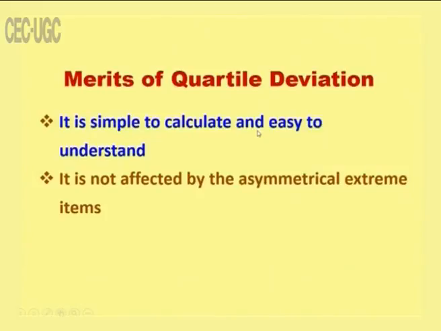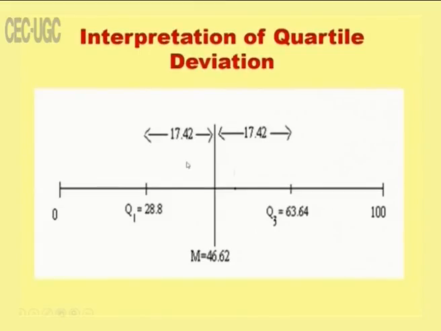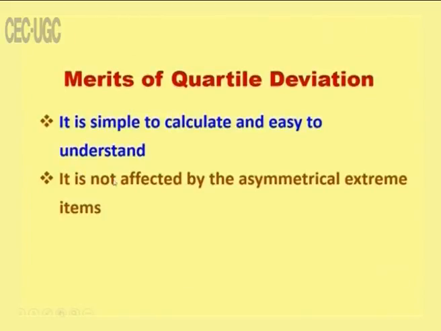And now, what are the merits of quartile deviation? It is simple to calculate and easy to understand. You look at the diagram, it is easy to understand, and it is not affected by extreme items.